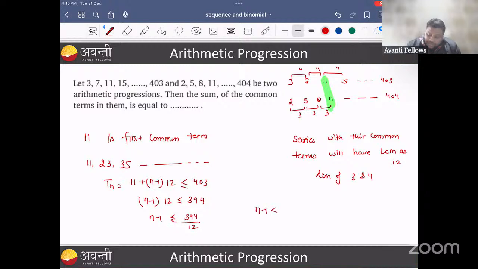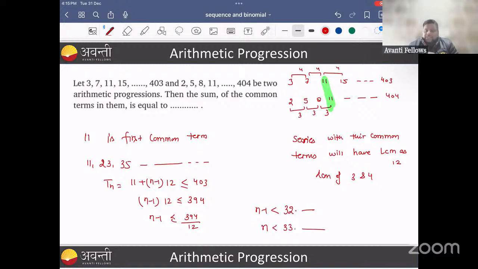So n minus 1 is less than 32 point something. So n is less than 33 point something.